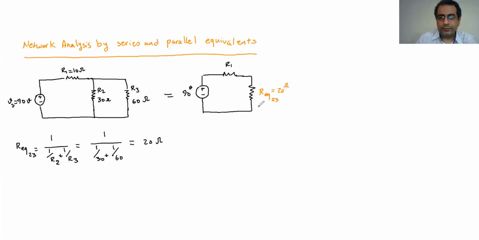Now these two are in series. I can look at that as R1 and REQ 2, 3 in series. So what I can do is replace these two with a single one. It's a 90 volt source again, and then there's the equivalent resistance for both of them.